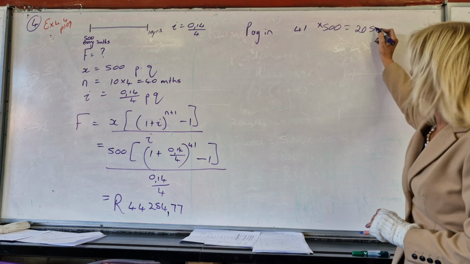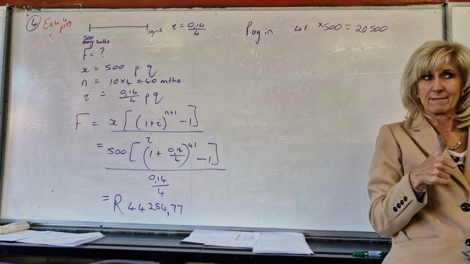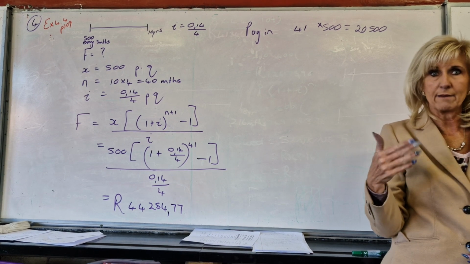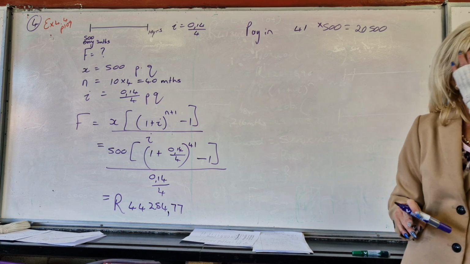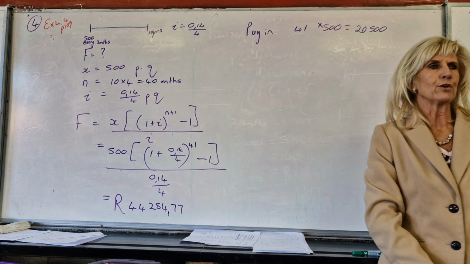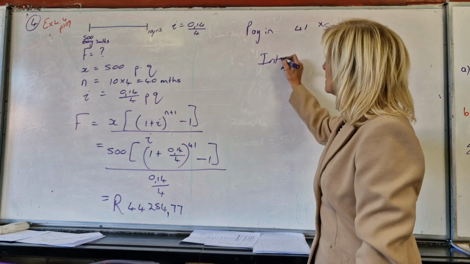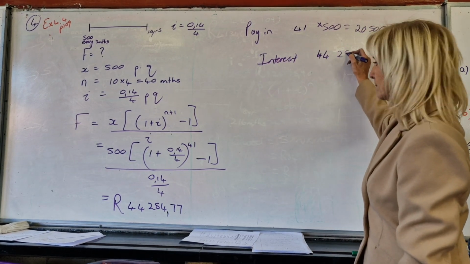20,000? So did I make something? It's worth it, the annuity. Get your money saving as soon as you can, guys. So if I did ask you that, how much interest did he earn? You would have had to say so the interest was what? 442 minus 20.